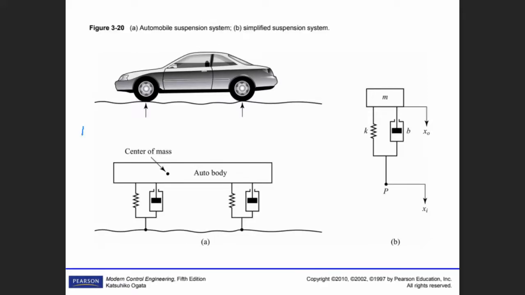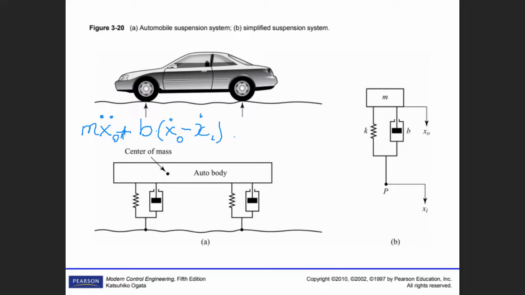Mass times x o double dot plus b times xo minus xi dots.